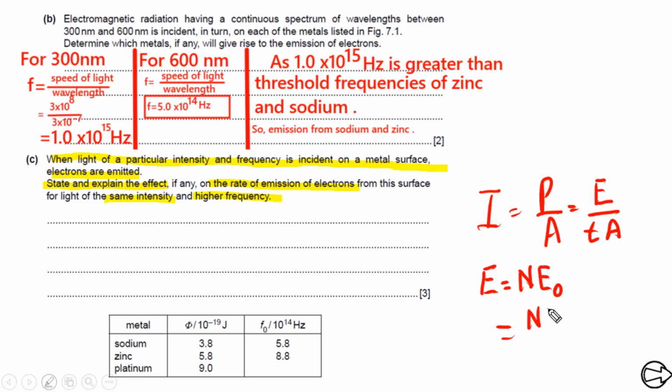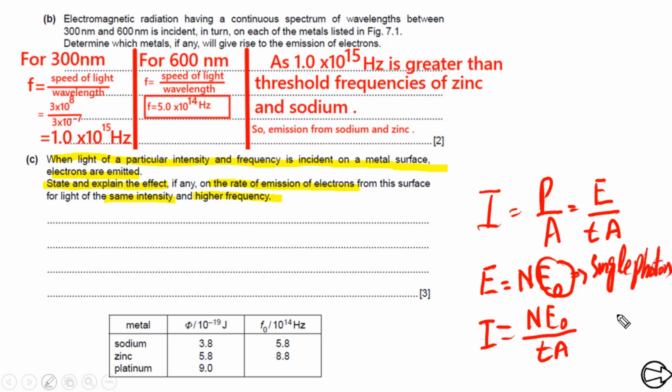We can say this is N times E naught over T times A. So here this is the intensity, and E naught is the energy of a single photon.